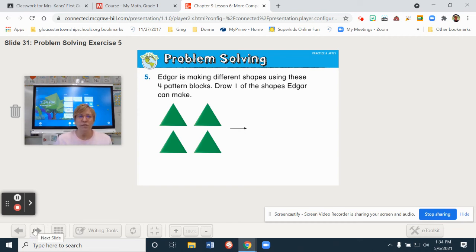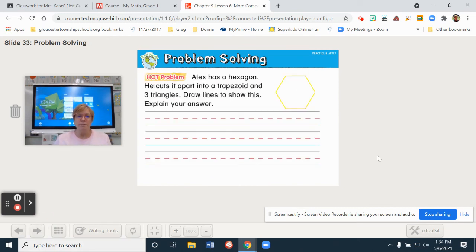All right, good job, boys and girls. Now we're at our last problem solving right here. And Alex has a hexagon. He cuts it apart into a trapezoid and 3 triangles. Draw lines to show this and then explain your answer. Okay, so I can do this with you. Let's see.